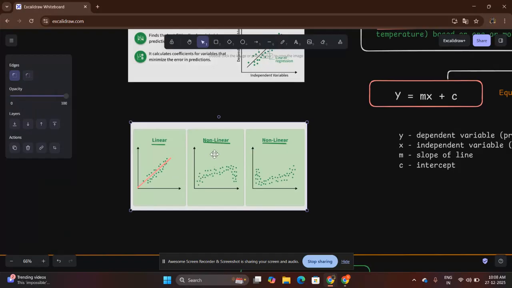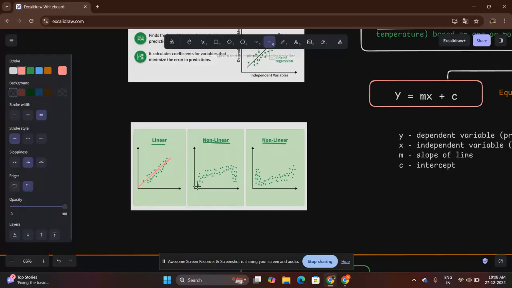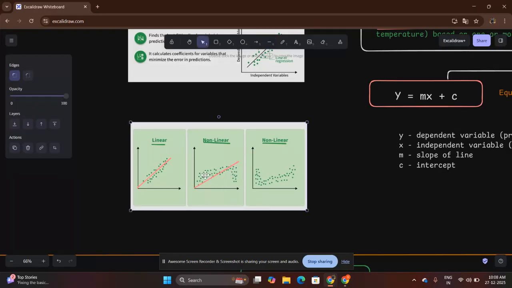Why is this non-linear? Over here the data points are spreading like a wave. We cannot draw a straight line in any case.